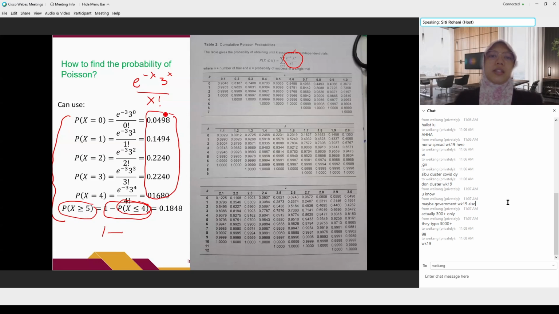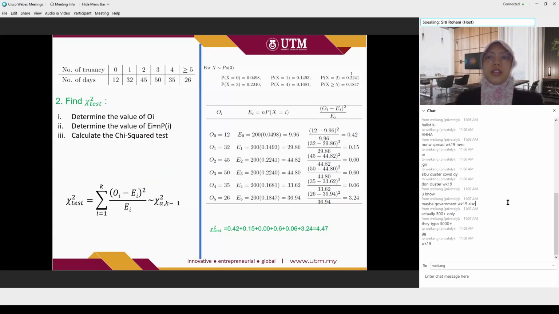So 1 minus the summation of all these probabilities. Here you will get the same probabilities as in the table. Maybe the only difference is plus or minus 0.0015 or something like that, but still acceptable.